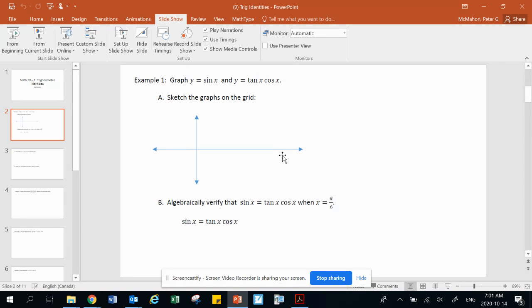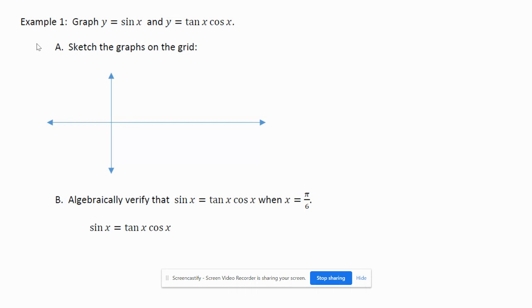So what we saw, just filling up my notes here. We have sine x, and we saw the graph that was looking like this.